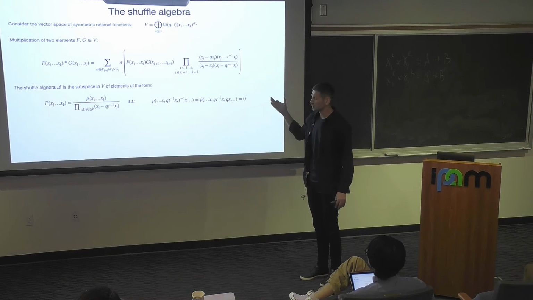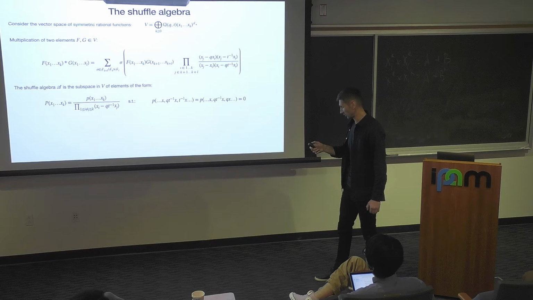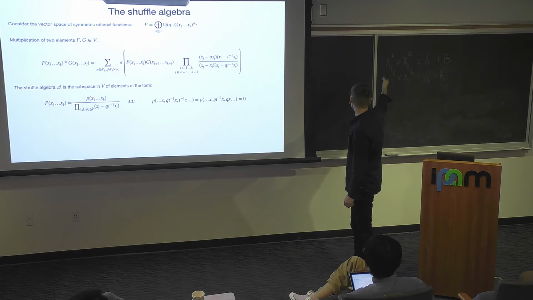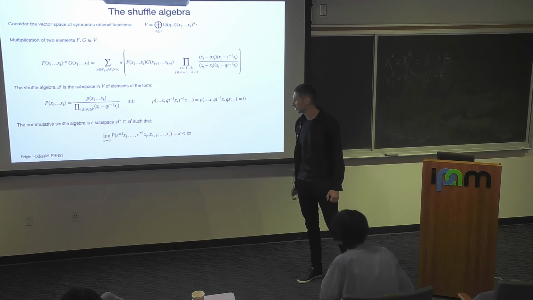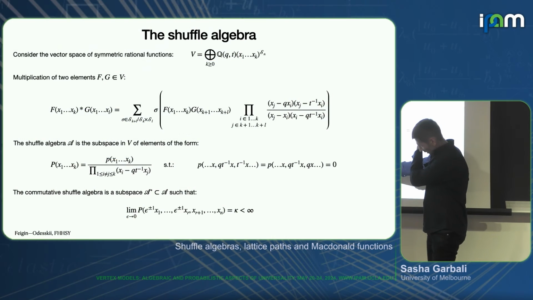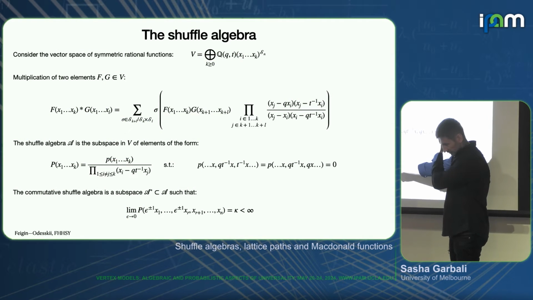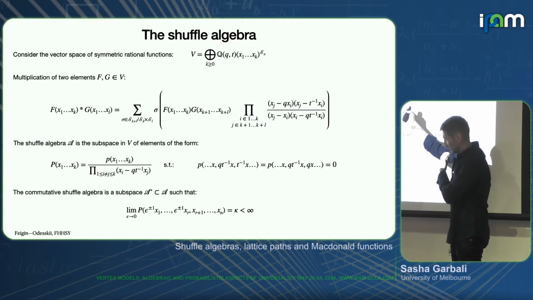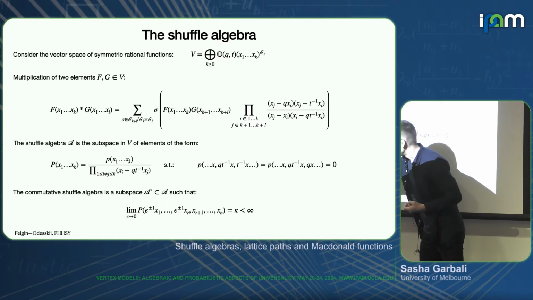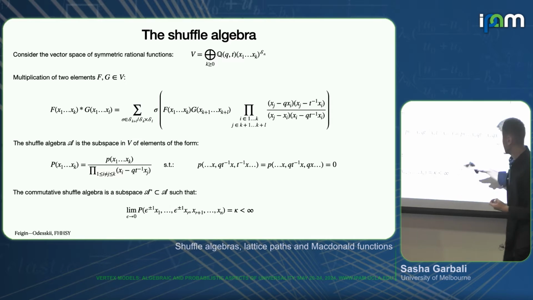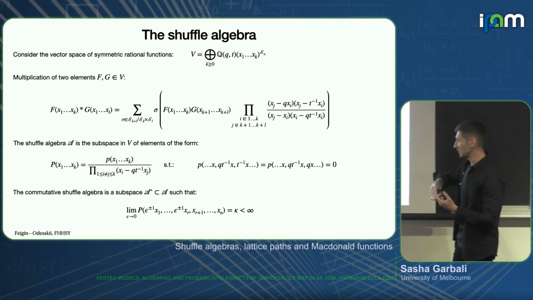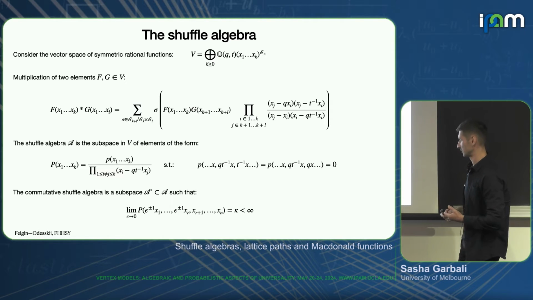But inside this algebra, there is a commutative subalgebra, which will be the main focus. So there are functions in x1, x2, x3, and so on, which commute under this multiplication. And there is a condition, which I cannot explain why this is an essential condition for this multiplication to be commutative. You take a subset of arguments, and you send them to 0 or to infinity, and they have to give you a finite limit.